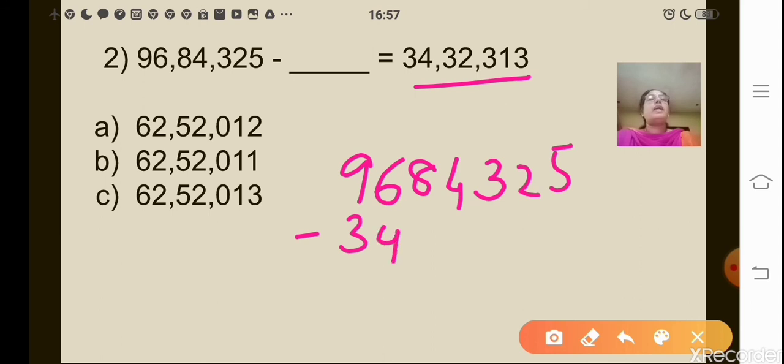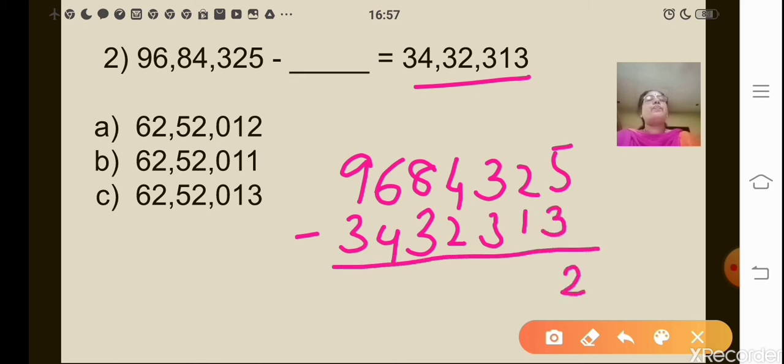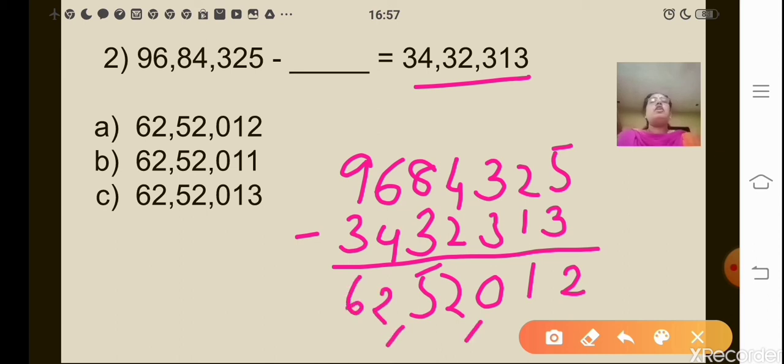Minus 34,32,313. When you subtract this, 5 minus 3 is 2, 1, 0, 2, 5, 2 and 6. So which is your correct option? That is the first one. Okay, so whatever working you are doing, you have to do it aside in your rough book and then select the answer or tick the correct answer, whichever is your option.